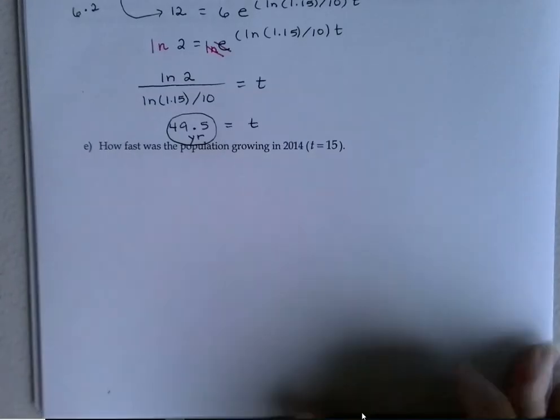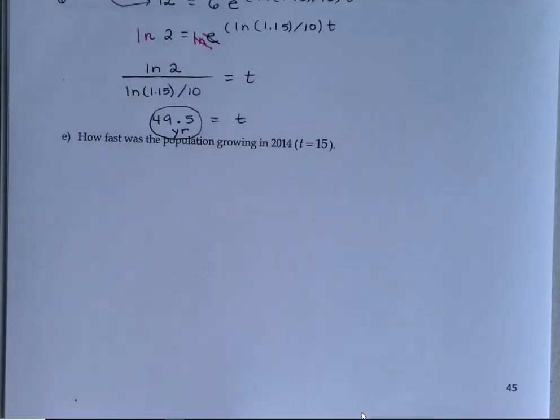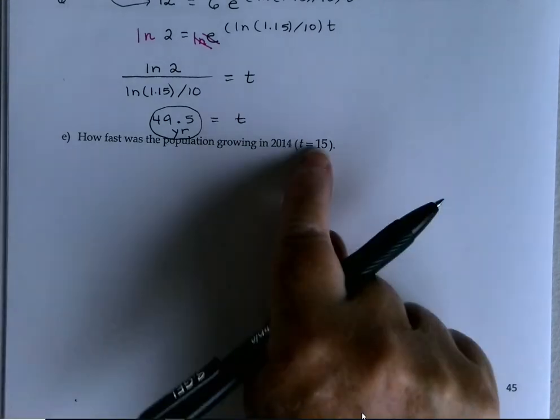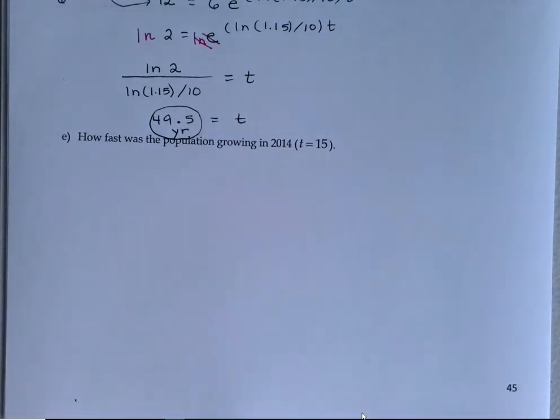All right, last question for this particular example. We'd like to know how fast the population was growing in 2014. Notice that is 15 years after 1999. Right? Now, I didn't say whether I wanted the absolute or relative growth rate, so we'll go ahead and give both.